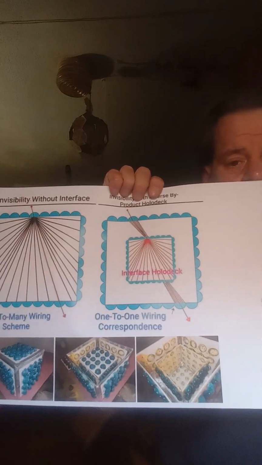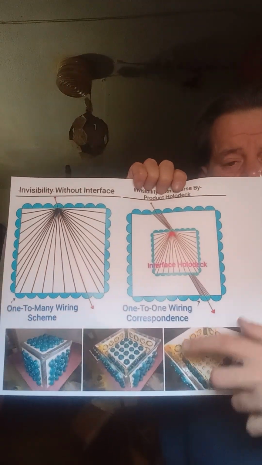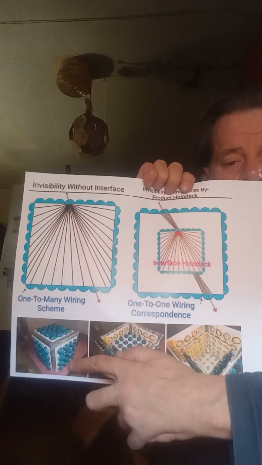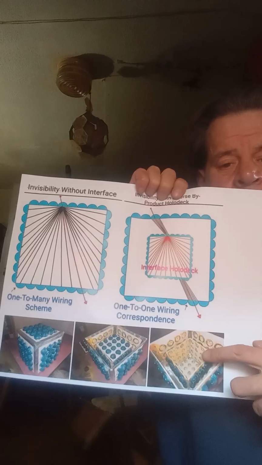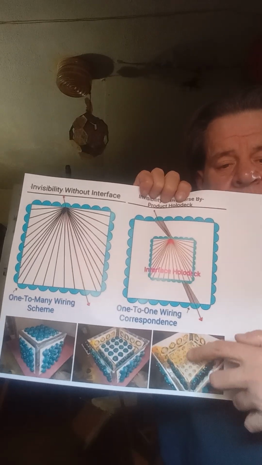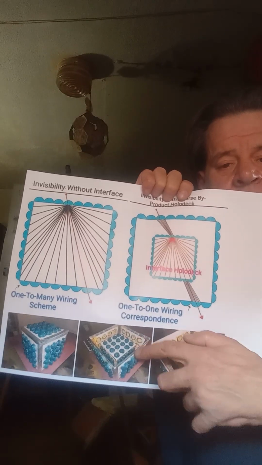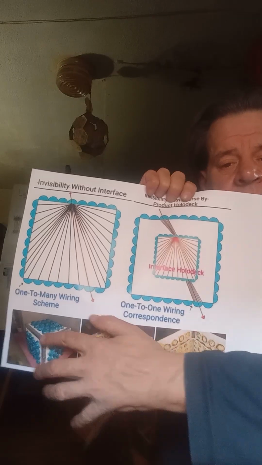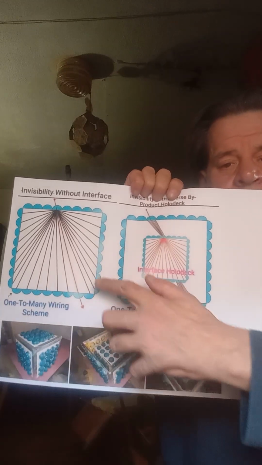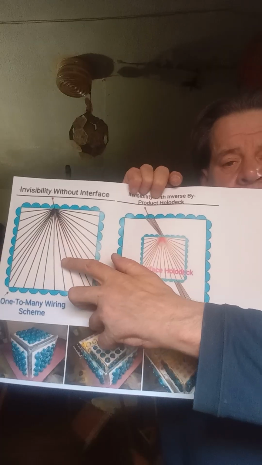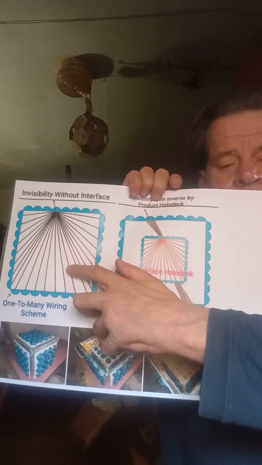And I even made, it's falling apart in recent years, but I made a model of this cube within a cube. That would be the interface. That would be the holodeck interface. This is the interface, and this is the outside cube. And this shows invisibility without my interface concept.